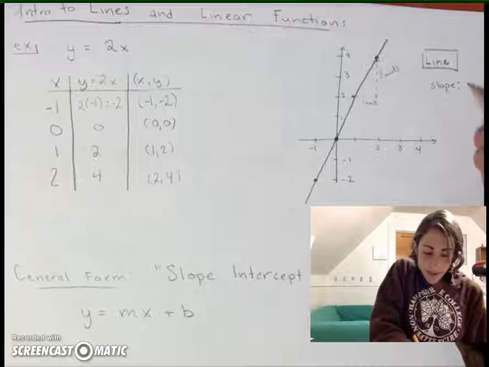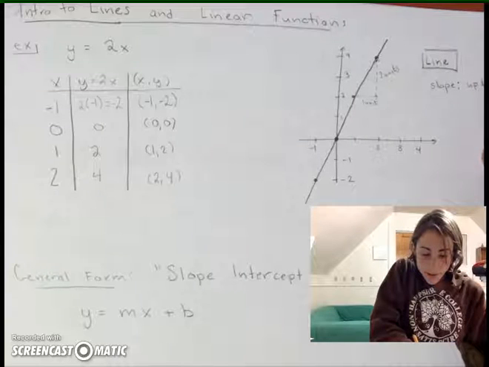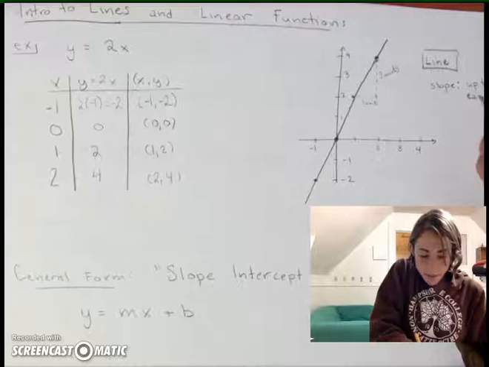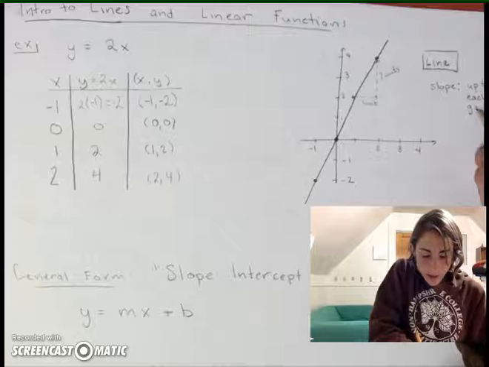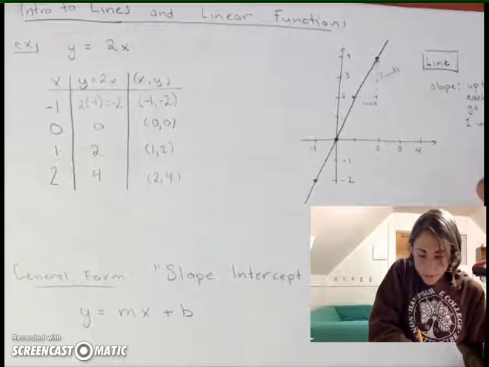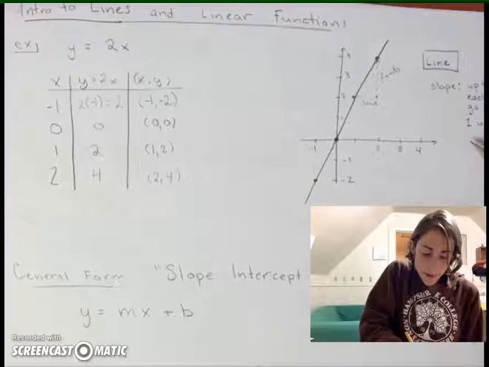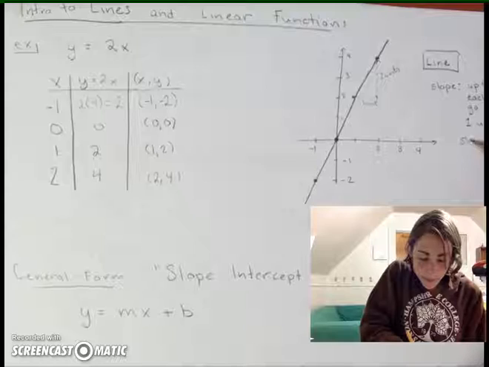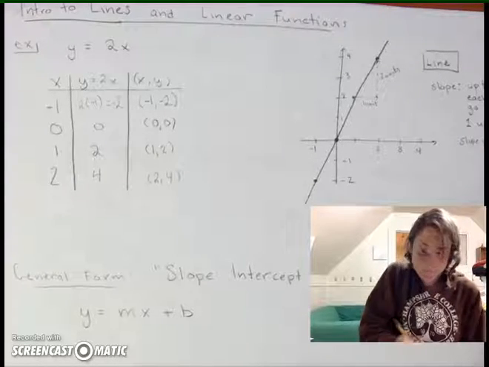So the idea of slope is that I go up 2 units each time I go right by 1 unit. And the way that we say that is the slope is 2.